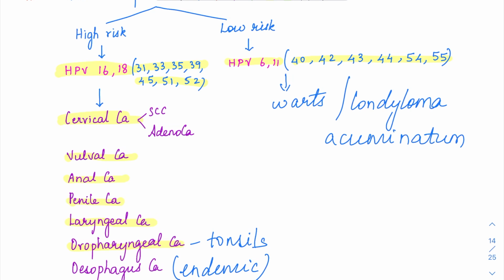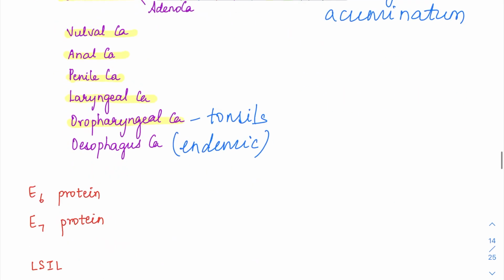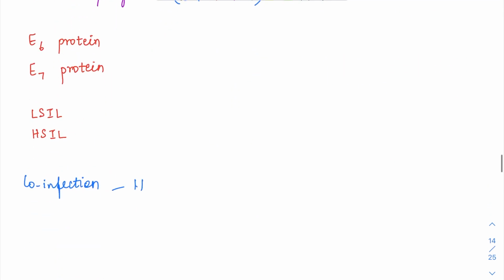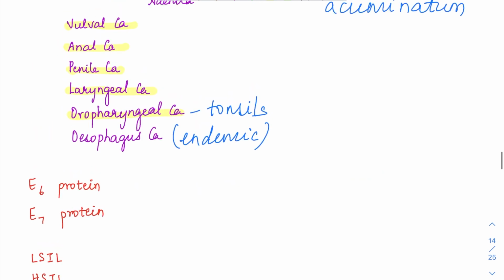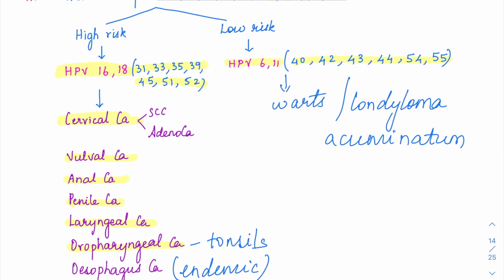But when the patient's immunity falls down, or there are some other environmental factors or risk factors associated with it, like a co-risk factor such as HIV, so co-infection with HIV, or some other mucosal abrasions or breaks, or immunocompromised status, all of these conditions are going to trigger the HPV infection to transform into an intraepithelial lesion, which then progresses onto a cancer.